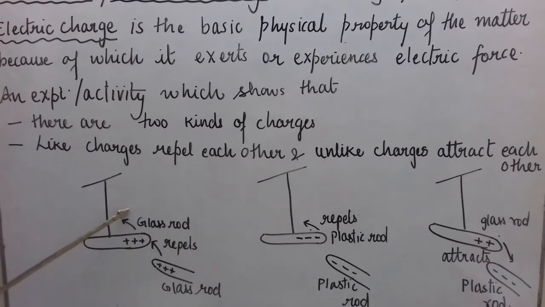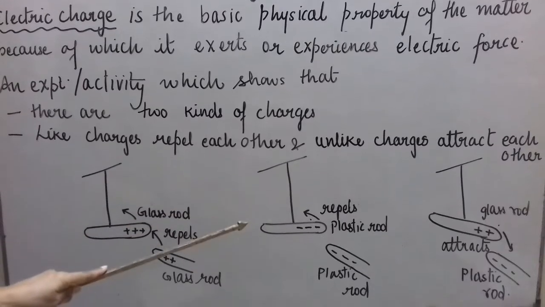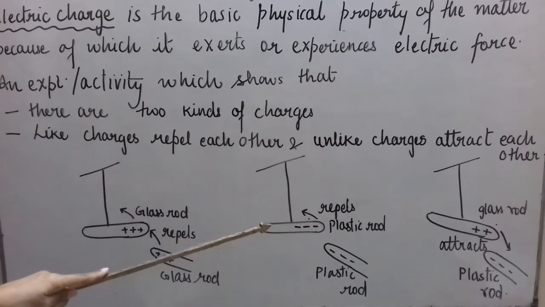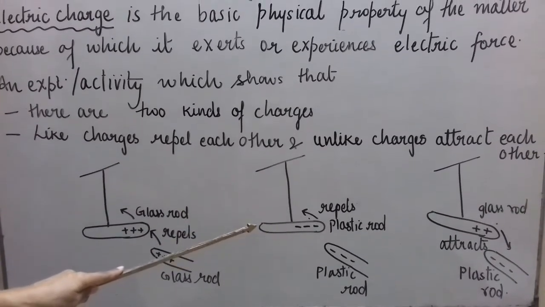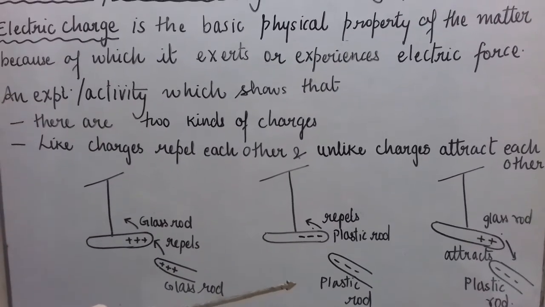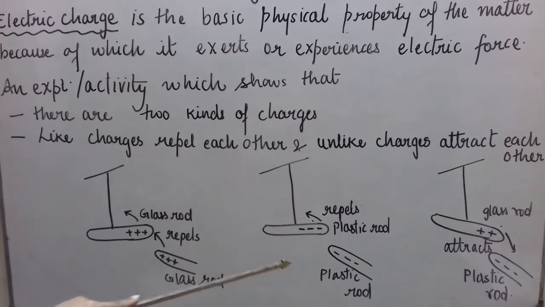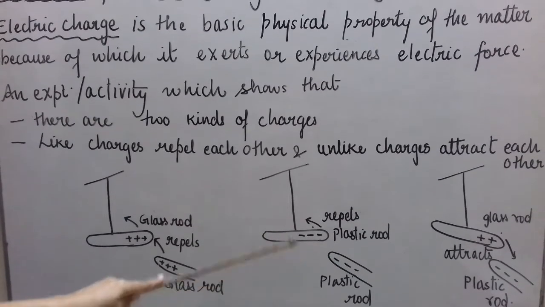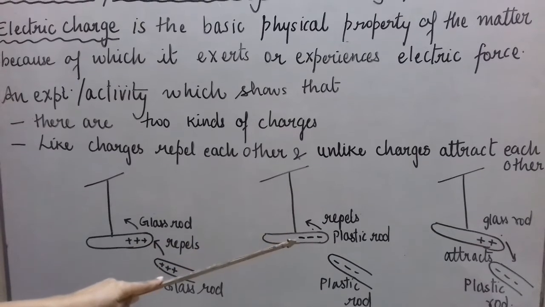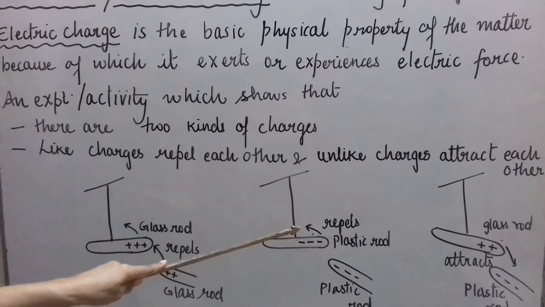So this is the first part of the activity. In the second part, in the second diagram, we have a plastic rod which is rubbed with cat's fur. Similarly, the other plastic rod is also rubbed with cat's fur and both of them get charged. If the charged plastic rod is brought close to the hanging charged plastic rod, again it is seen that this plastic rod gets repelled.